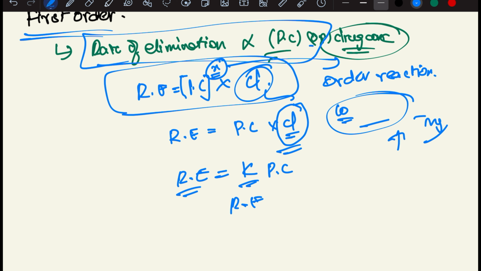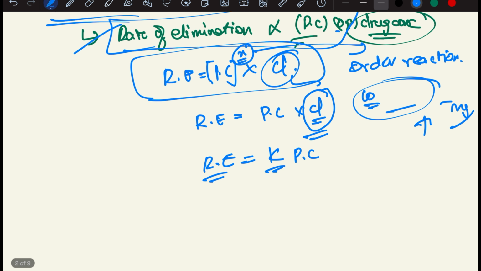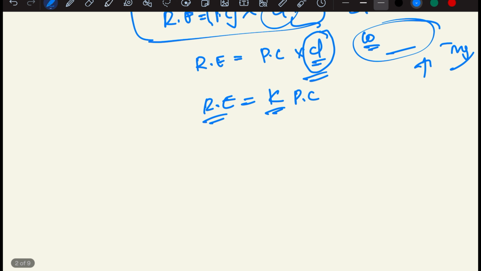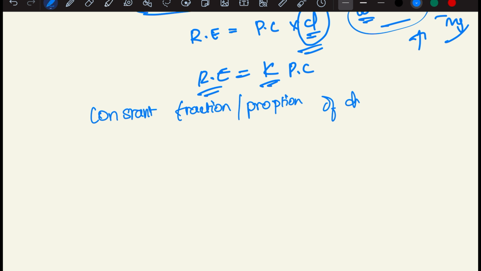We all know rate of elimination is directly proportional to the plasma concentration. You understand where we get the statement? Here, the thing we should remember is that a constant fraction, not amount, a constant fraction or proportion of the drug is eliminated.